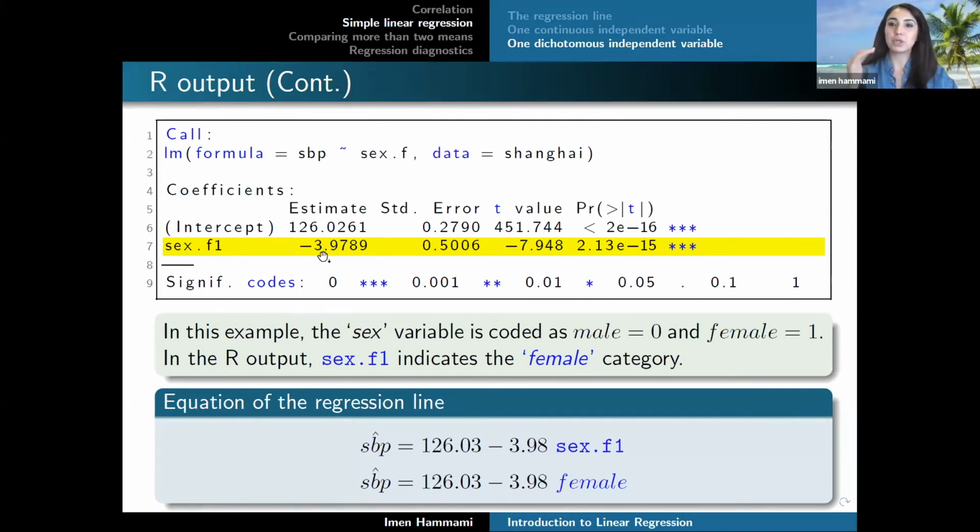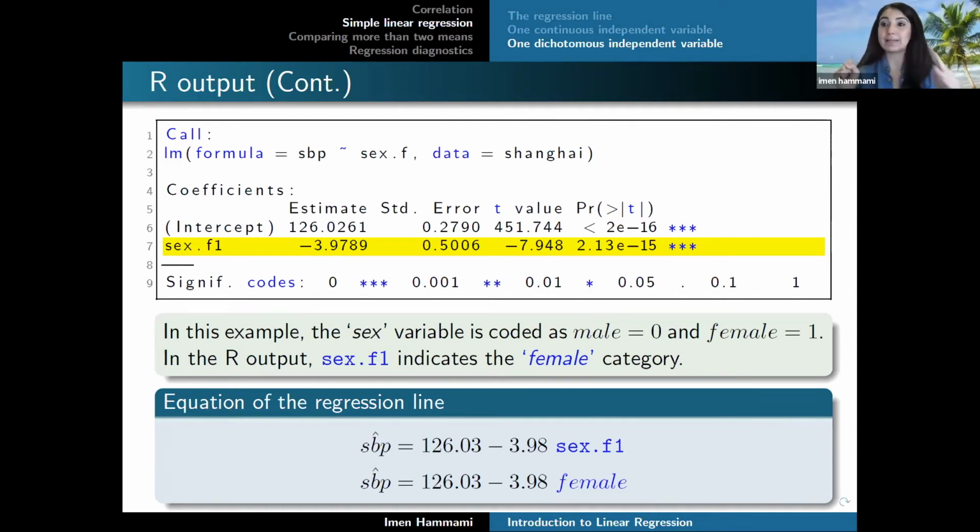So the output shows the slope, or the difference, for the group that is shown as compared to the one that is not shown. There is always one that is not shown in the output, which is the reference. So you get no estimate for the reference because you are interested in differences between those levels. So you have to have a reference group, and you don't get any estimation for that reference group.